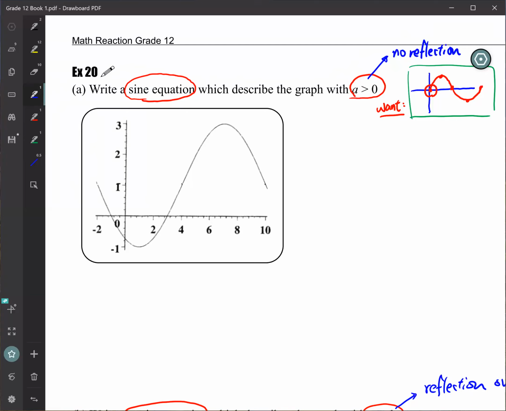I'm not sure if it's correct. Okay, I'm sure it should be right. Yeah, perfect, okay. Right in the middle between the highest and lowest.